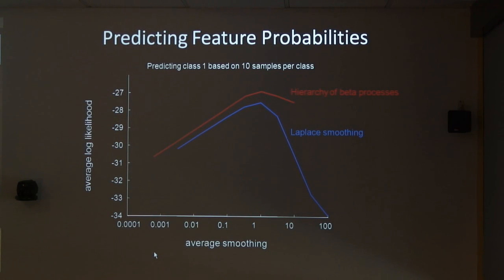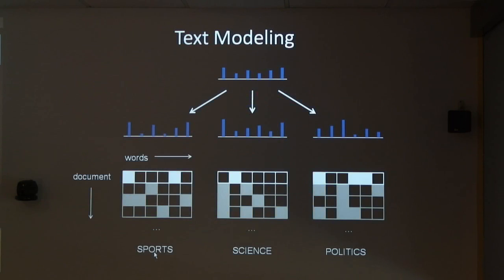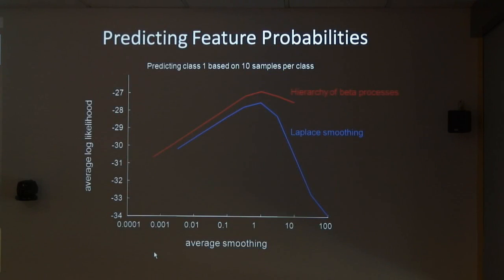If you compare the probability given to an unseen document on just one category, if you have data from several related categories, then the probability given to unseen data is higher for the hierarchy of beta processes.